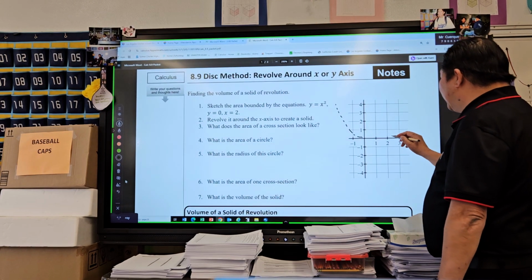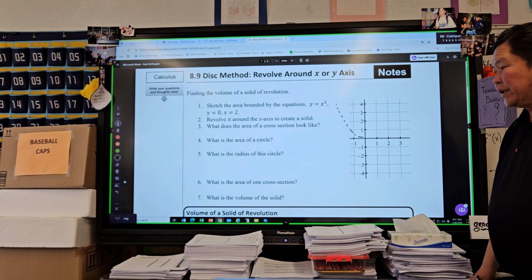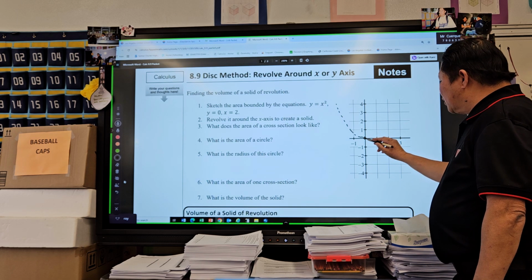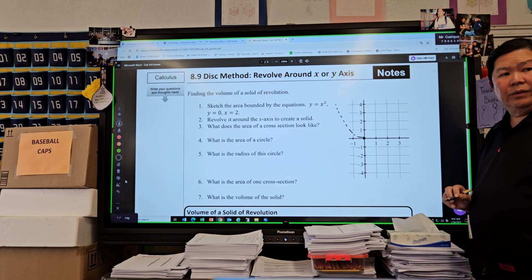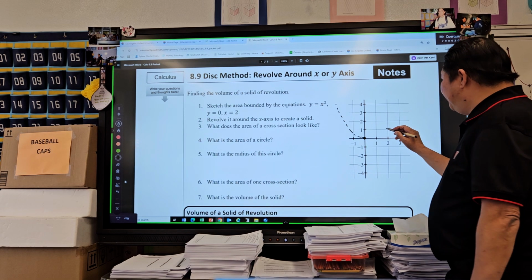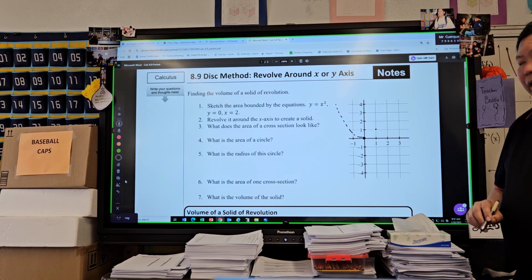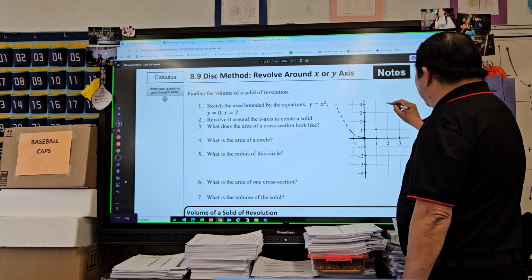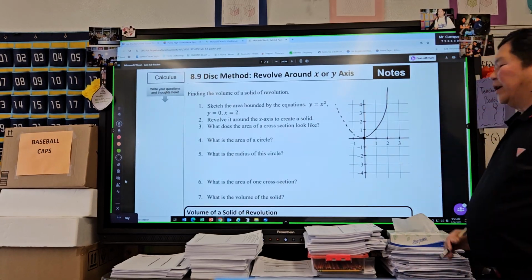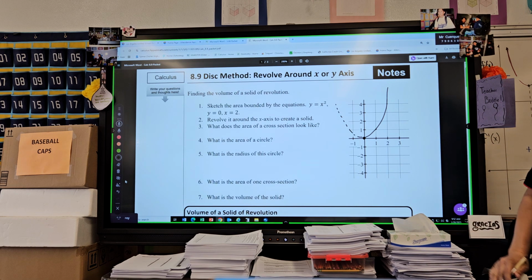So we are concerned until 2 only, from 0 to 2. So if x is 0 from the function, y is 0. If x is 1, y is 1. And then if x is 2, y is 4. So that means we're gonna have this only. You get me? Okay, guys, only the first quadrant.